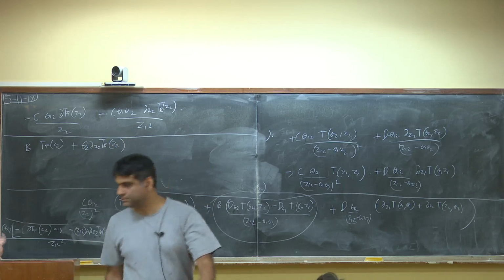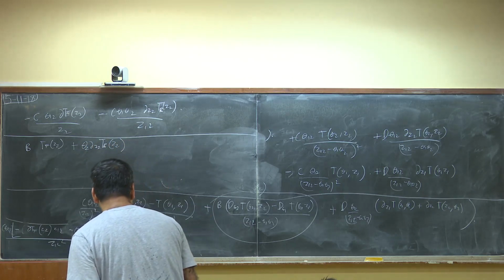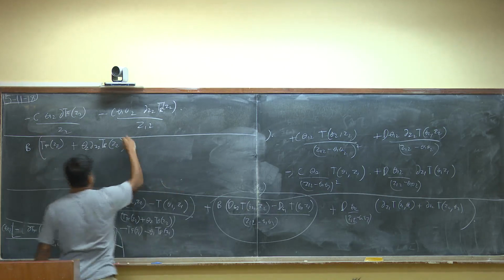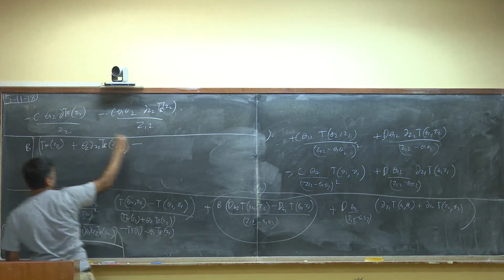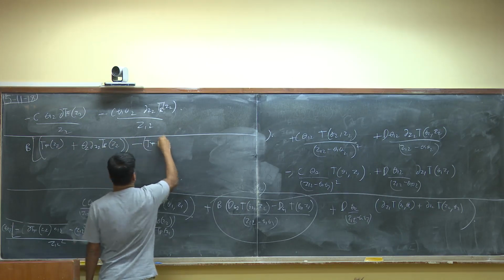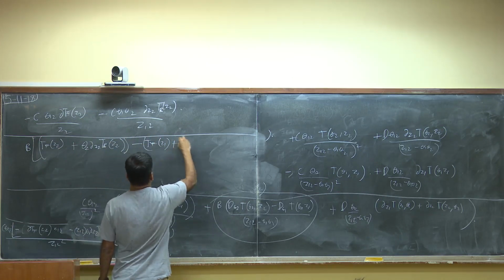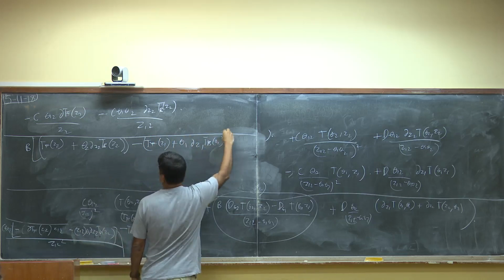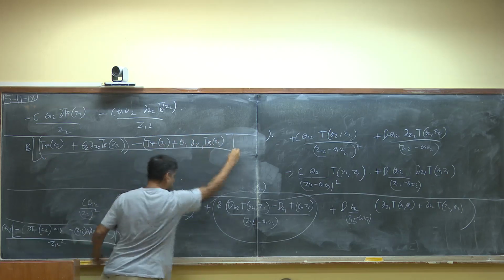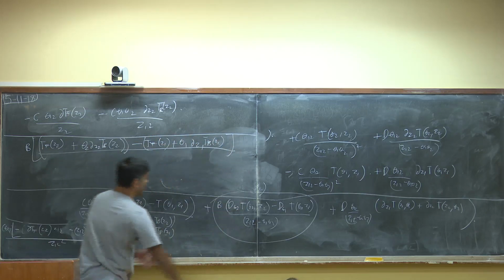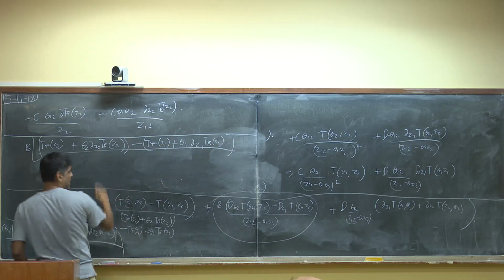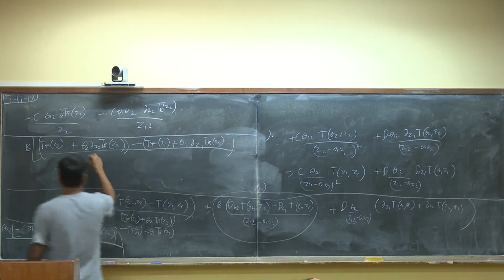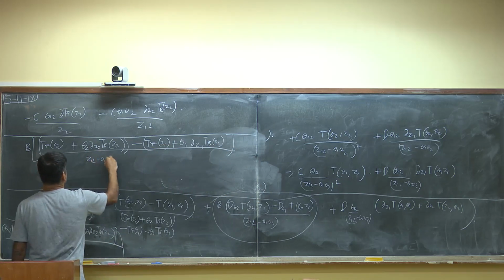And the minus is just swap 1 and 2, minus Tf of z1 plus theta 1 z1 del z1 Tb of z1. The whole thing divided by z12 minus theta 1 theta 2.